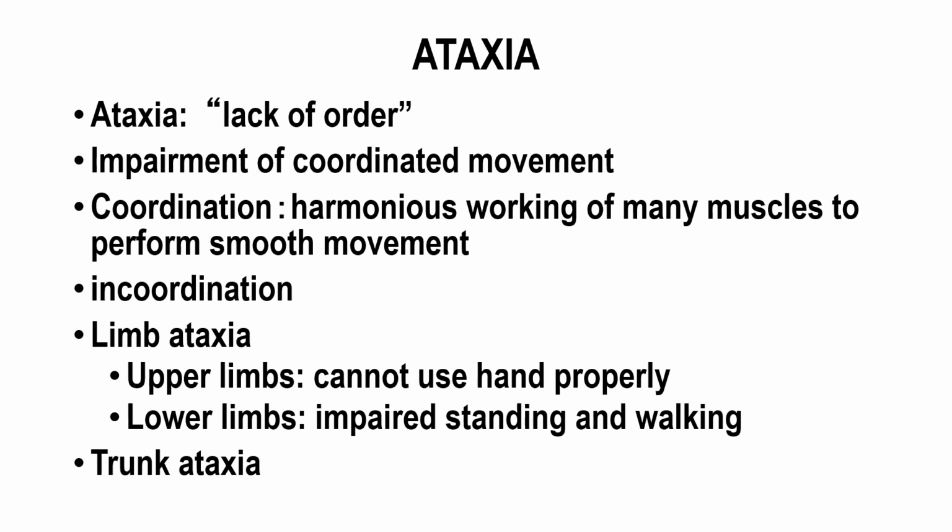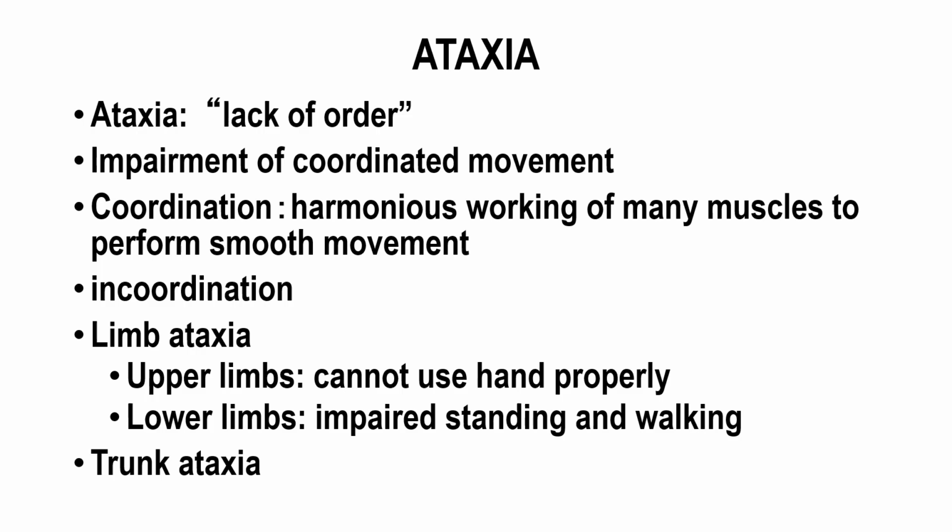Coordination refers to the harmonious working of many muscles to perform movement smoothly. Incoordination is a disorder of coordinated movement, or the inability to perform smooth movement, making movements uncertain and jerky.